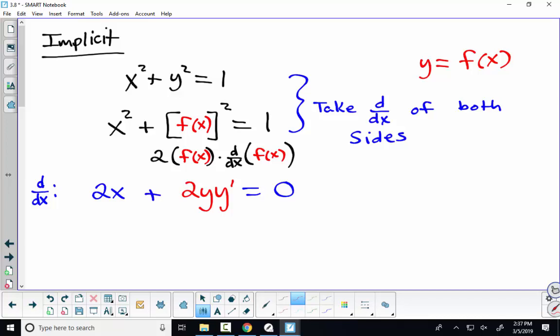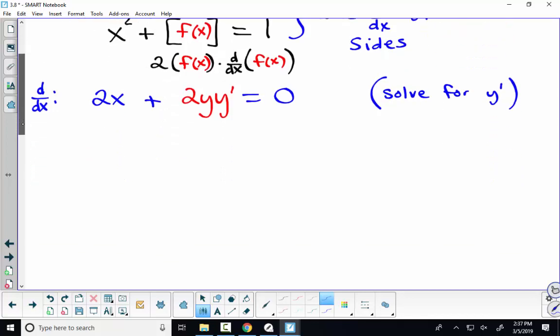So we have 2x plus 2y y prime equals 0. Did we find the derivative? No, the derivative is y prime. So now we have to solve this equation for y prime. We're going to divide the equation by 2.